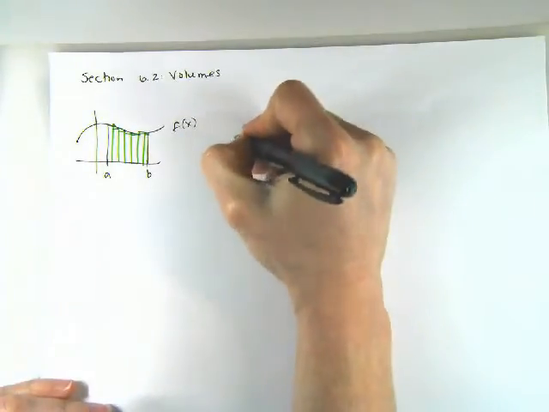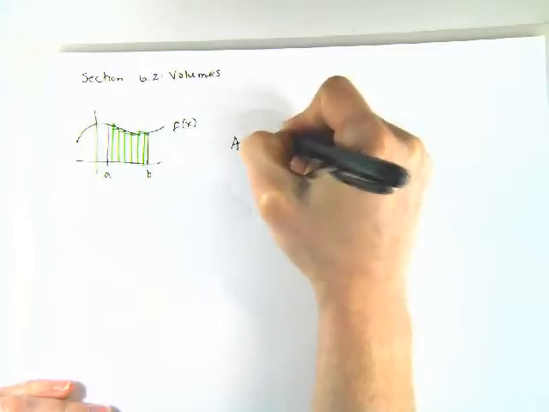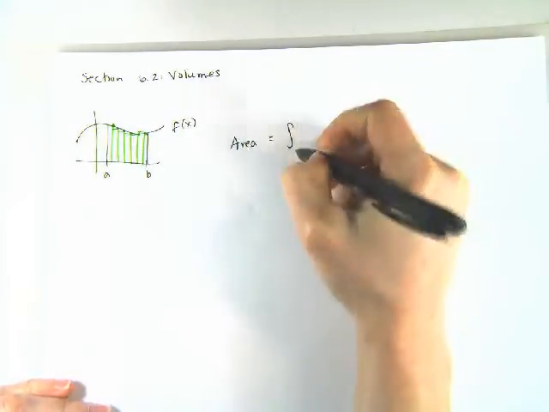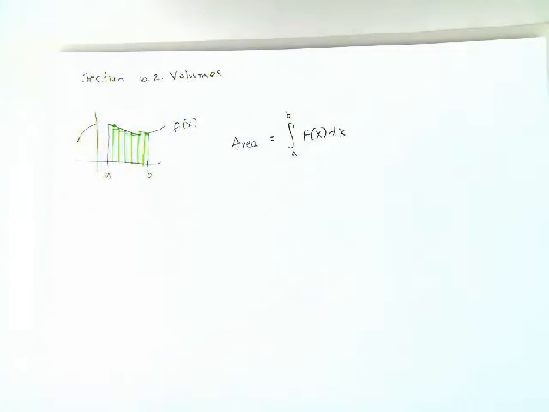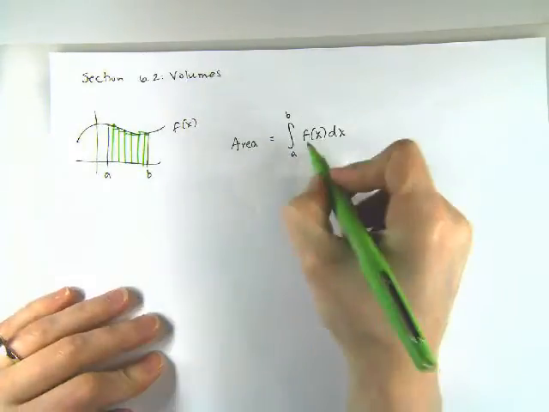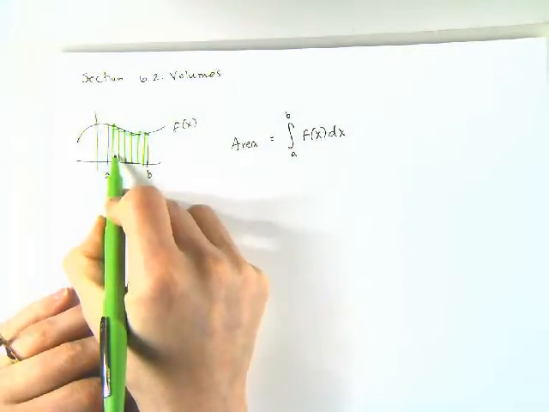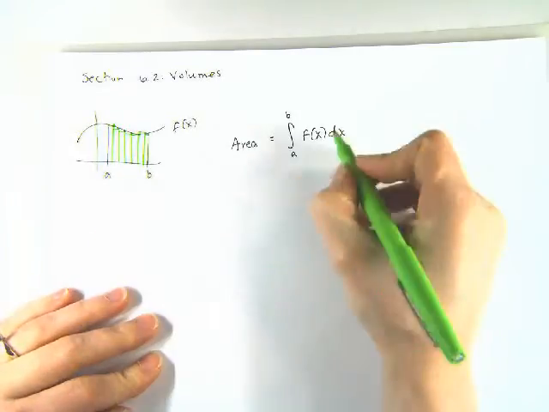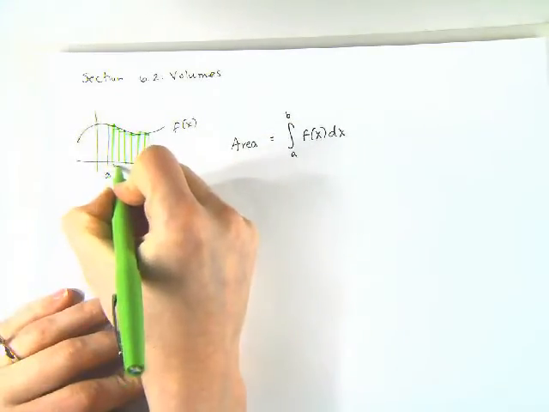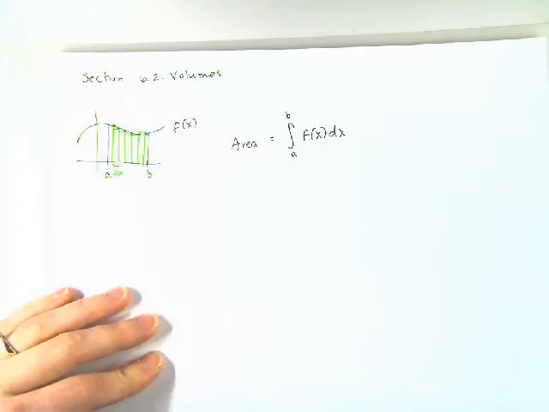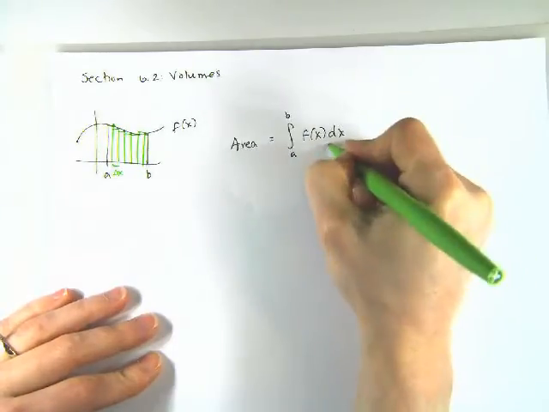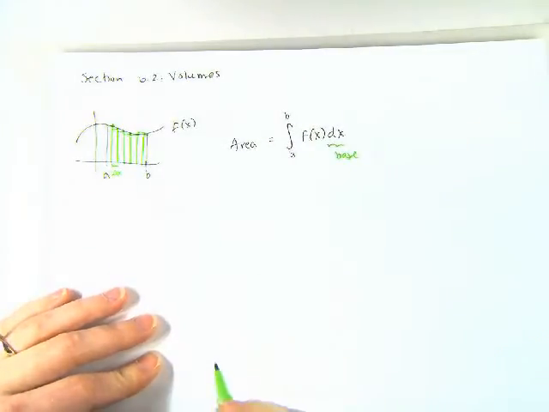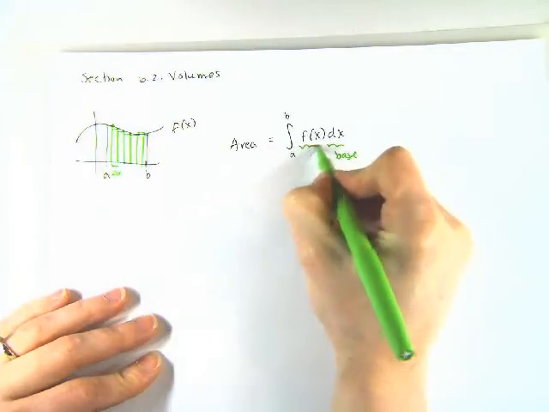So remember, the area ended up being the integral from A to B of f of x dx. This was our definite integral. We talked about integral notation in general, but the idea is that when I'm finding the areas of all of these individual rectangles, I'm multiplying the base. The base is some change in the x coordinate, because I'm doing this vertical slicing. This is the base, and I'm multiplying that by the height.